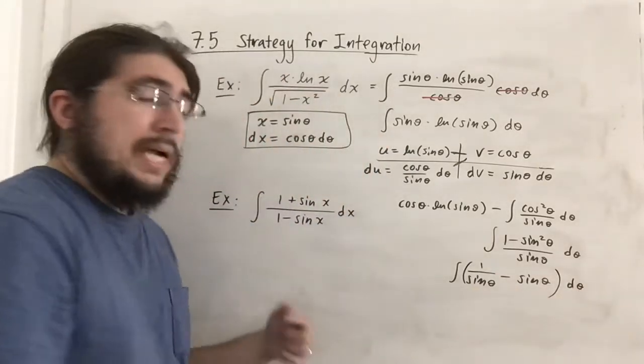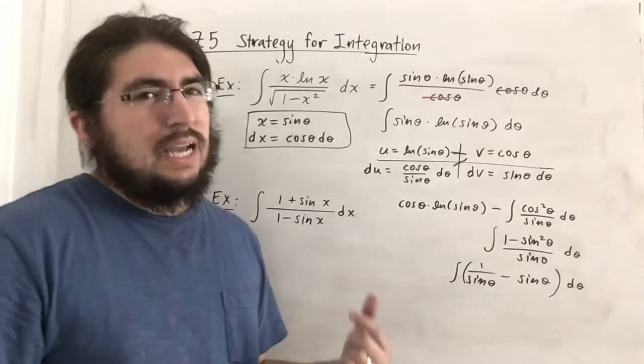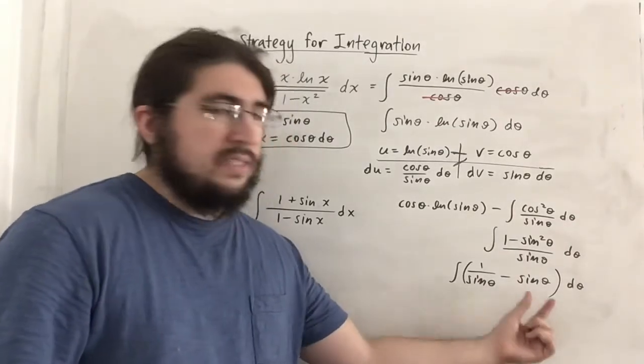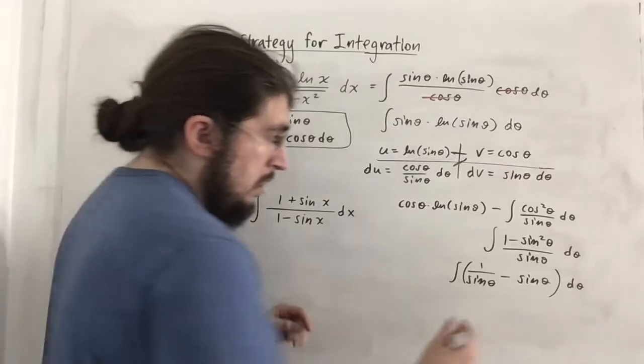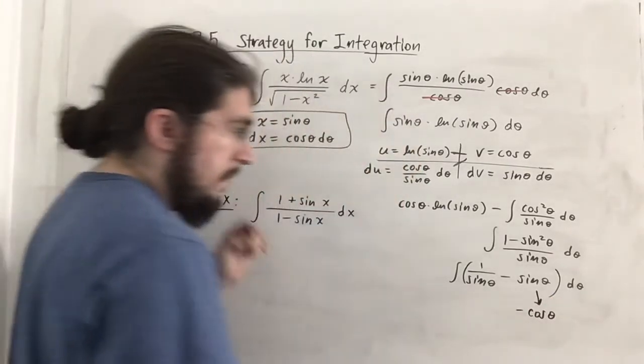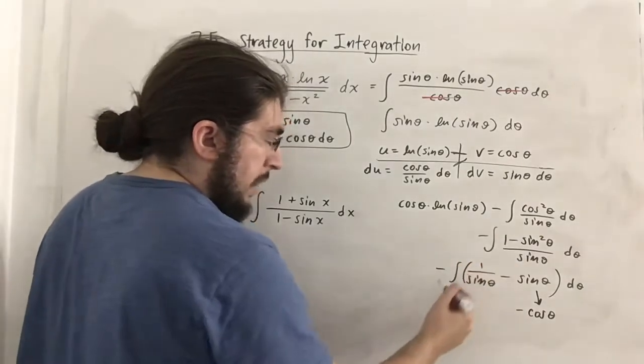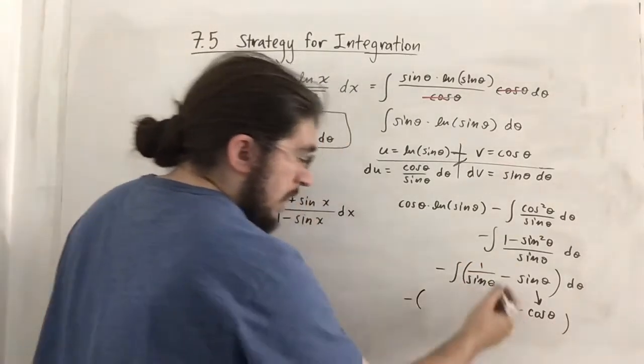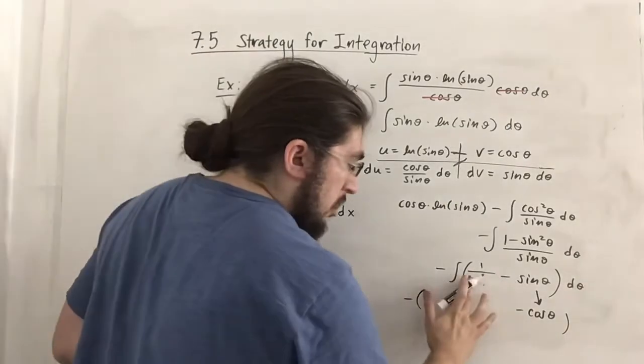And this is good because we actually know the antiderivatives of each of these, kind of. The antiderivative of negative sine is negative cosine, so that part's going to be no problem. I know this is looking a little hand-wavy. So I have a minus, minus, and then minus this thing. Now, 1 over sine is cosecant.